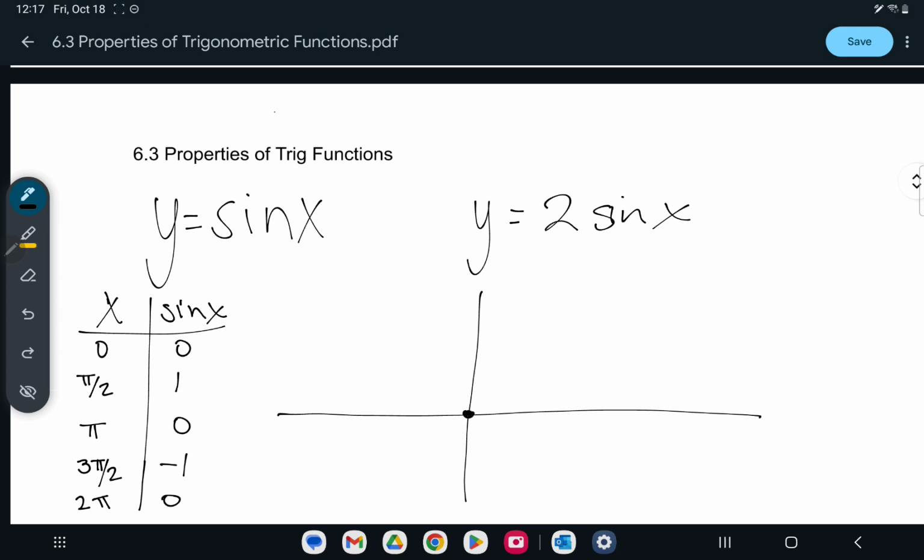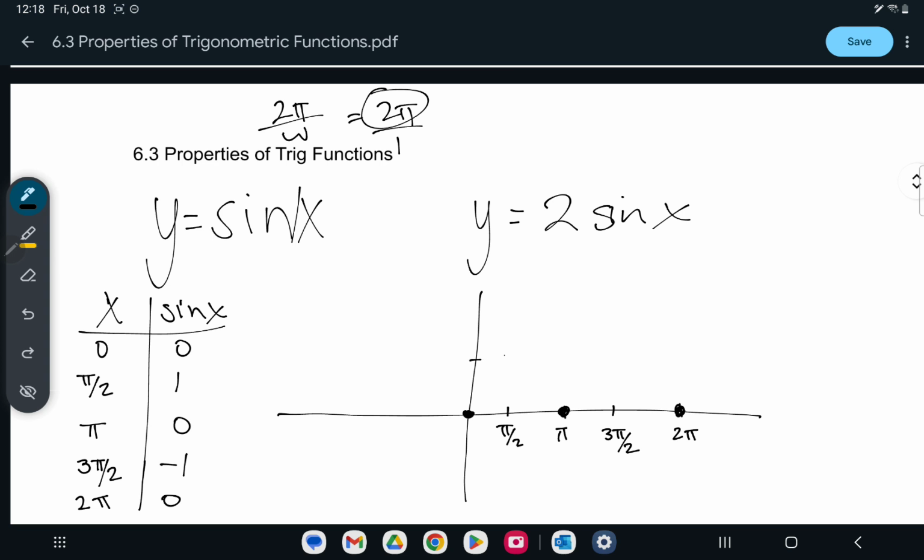And the period here, 2 pi over omega. Omega is 1, so it's going to repeat every 2 pi. So I could say that's pi over 2. It's pi. 3 pi over 2. And 2 pi. Now I'm just going to plot these points.